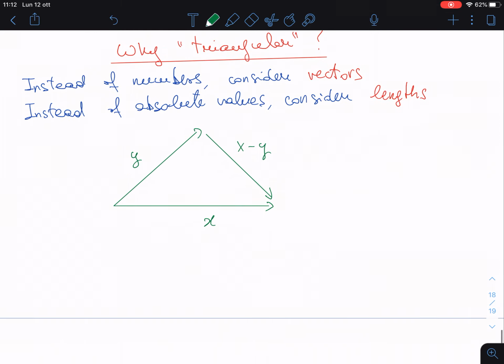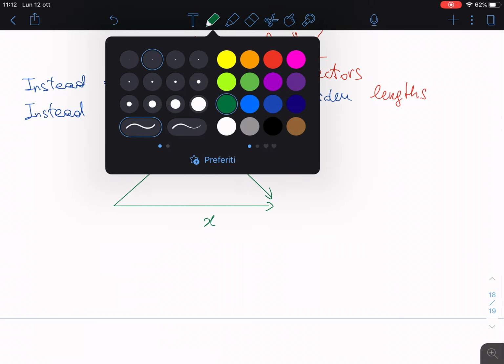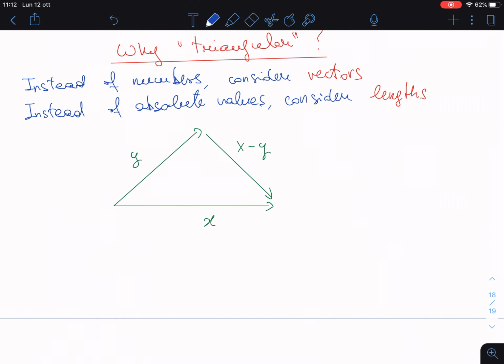So the law of triangles says that every side is smaller than the sum of the others.